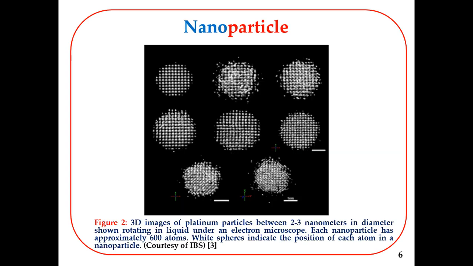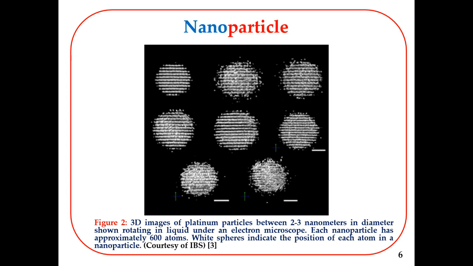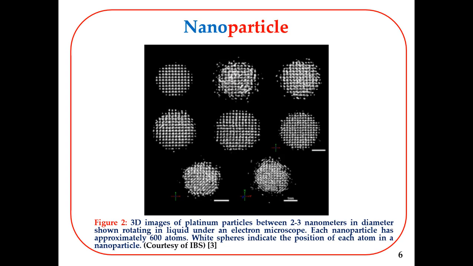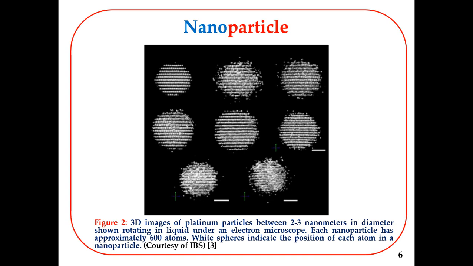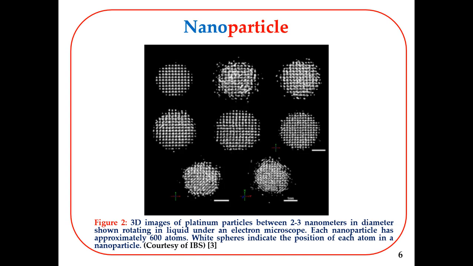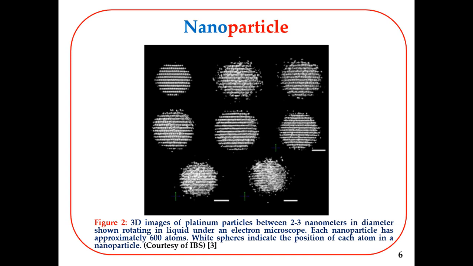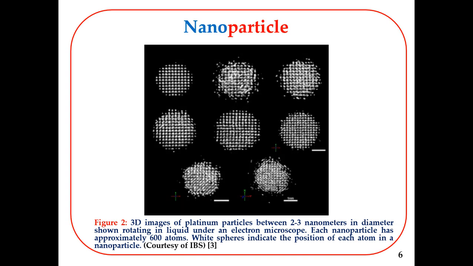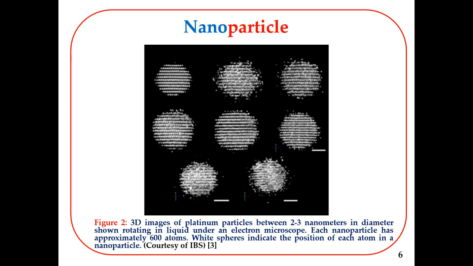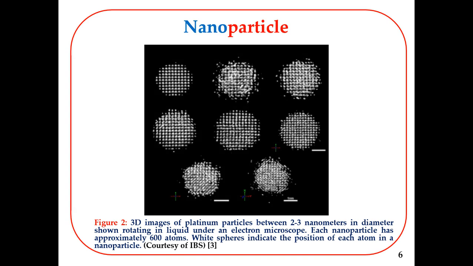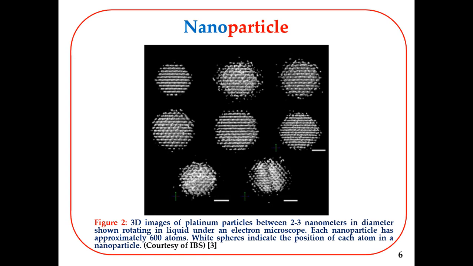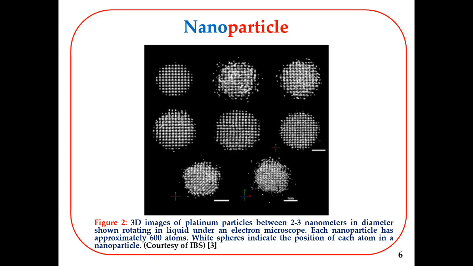Here is a 3D image of platinum particles from the literature. Their size is between 2 to 3 nanometers in diameter, shown rotating in liquid under an electron microscope. Each particle has approximately 600 atoms.